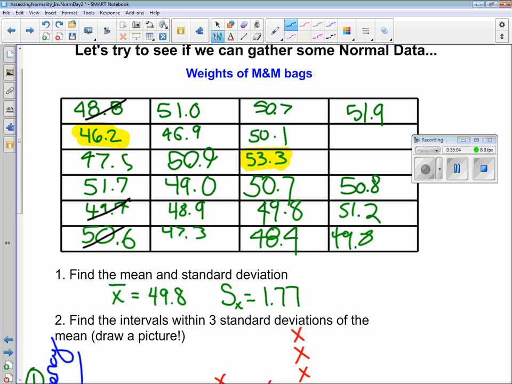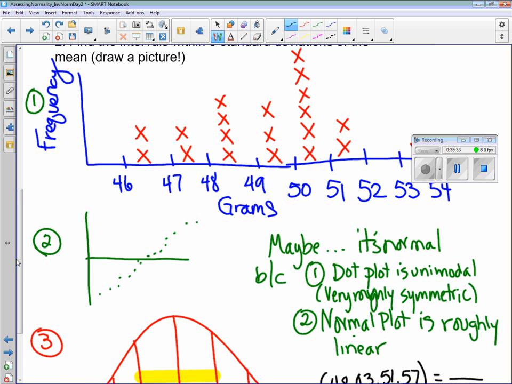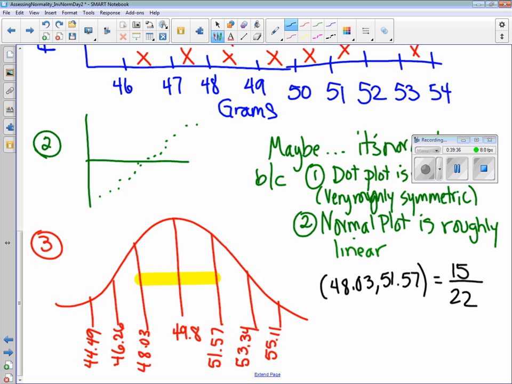Okay, so I've got 3, 4, 5, 6, 7, 8, 9, 10, 11, 12, 13, 14, 15, right? Okay, so 15 out of 22, so what is that percentage? 68. Oh, we're good. So that's 68%.